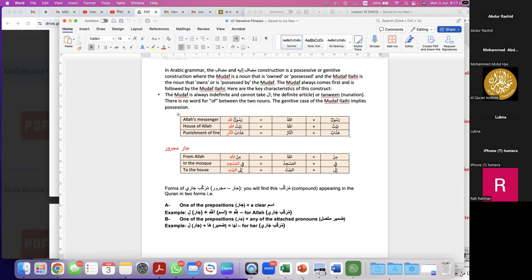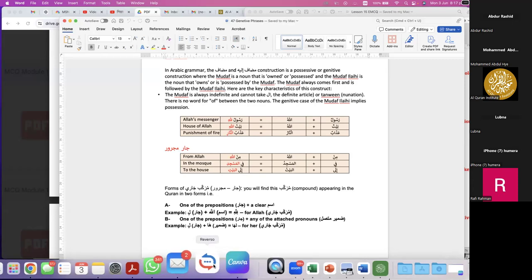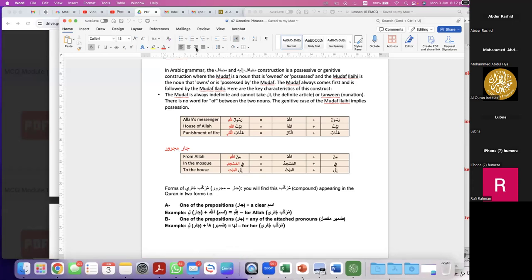Rasulun and Allahu. Now we have got the mudaf ilayhi Rasulullahi. Sister Sonia, can you explain why Rasulun has become Rasulu here? Yes? She says mudaf ilayhi. Yeah, we know this is mudaf ilayhi, of course. What else?